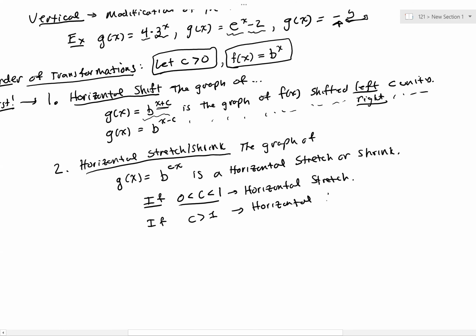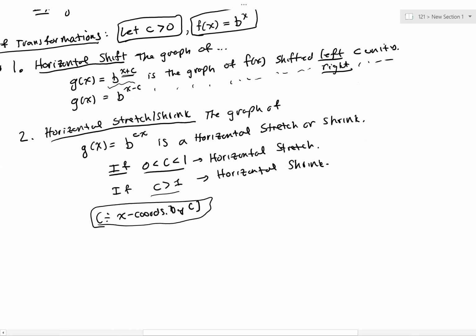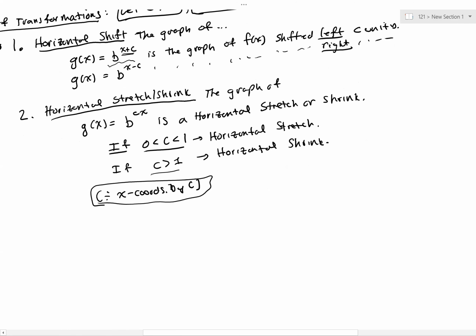And no matter what, to get your new x coordinates, you're just going to divide the x coordinates by c. Whatever they are for the base function, you keep the y values the same, just divide the x coordinates by whatever that number c is, and you will get your new points for your graph.